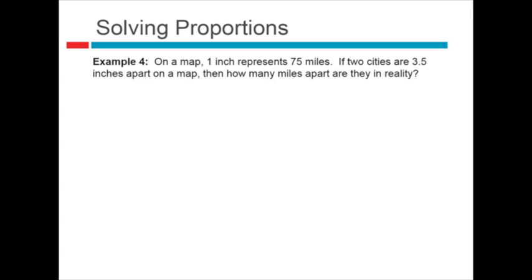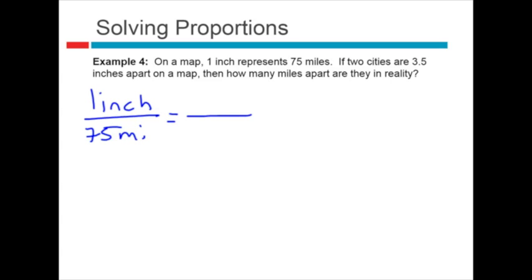So our first ratio says that 1 inch represents 75 miles. Okay, and then the next ratio mentions these two cities that are 3.5 inches apart on a map. How many miles apart are they in reality?